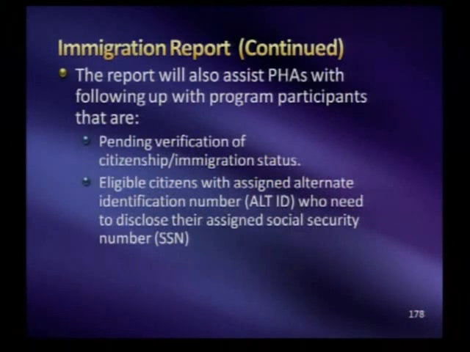Since the rule took effect January 31st, you should be following up with these folks at their next interim or annual reexamination and collecting that documentation, because as we mentioned yesterday, if they don't disclose the SSN, you have to terminate the assistance or eviction if it's public housing.